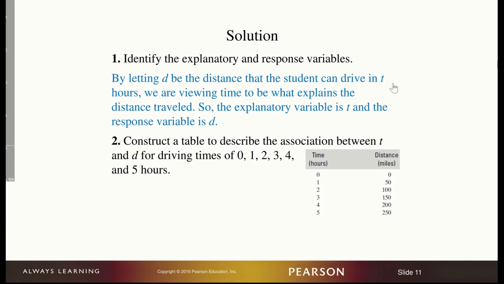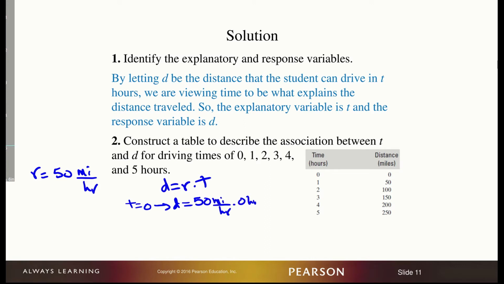And of course, where these values come from for distance is from the familiar formula, distance equals rate times time. We know that the rate is a fixed 50 miles per hour. So therefore, for example, if t is 0, that implies the distance will be 50 miles per hour times 0 hours, right?